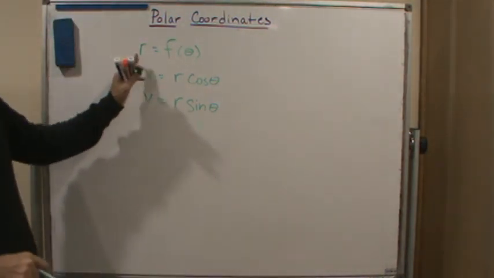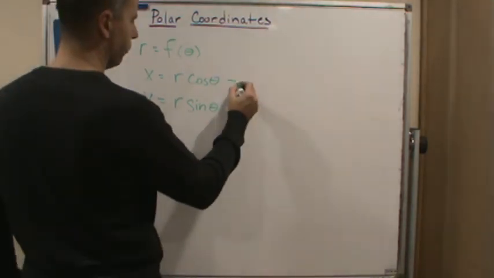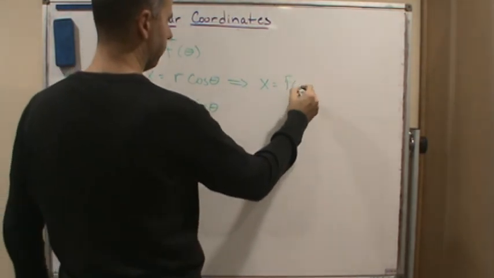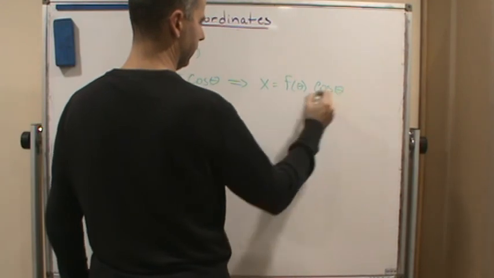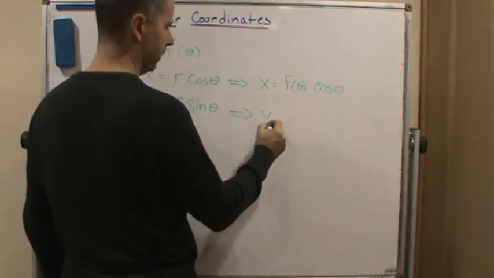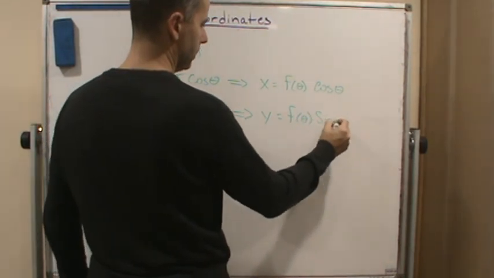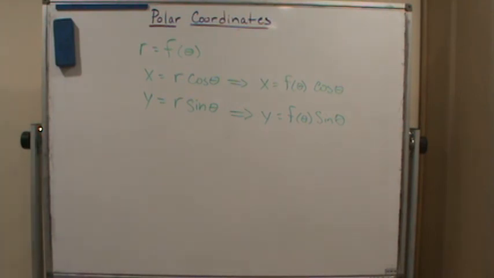So if we can represent r as a function of theta, then of course we can write these as x equals f of theta times cosine theta, and of course y will equal f of theta sine theta, right? And so this gives us a way of writing x and y in terms of a function of theta.